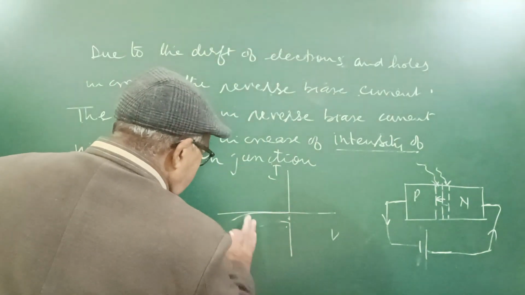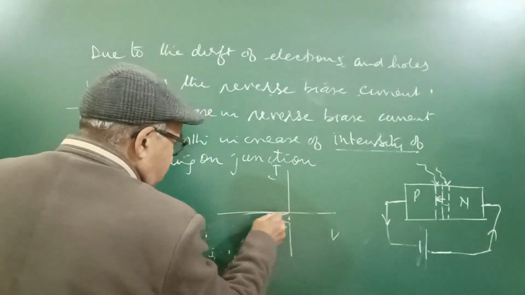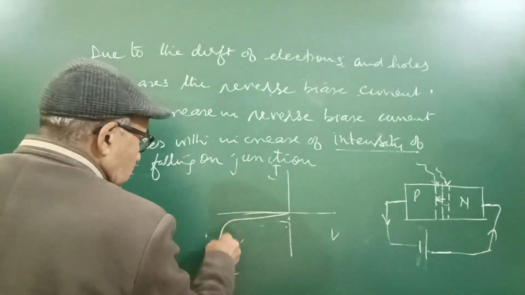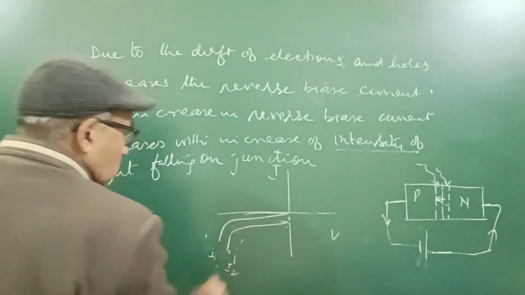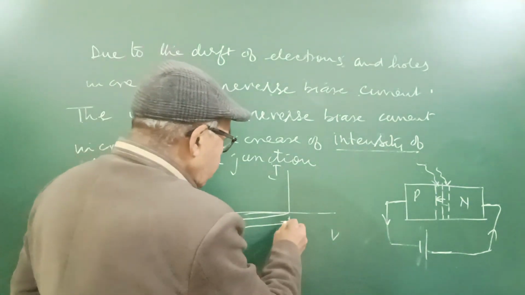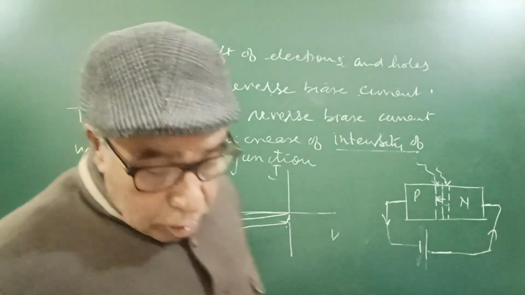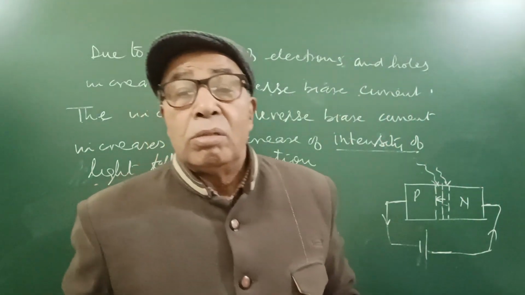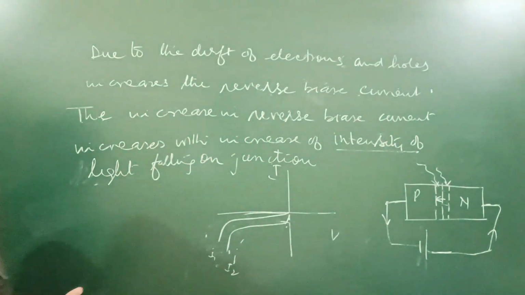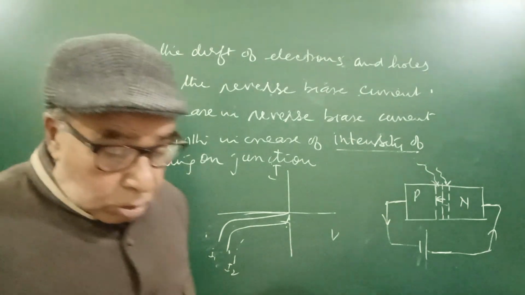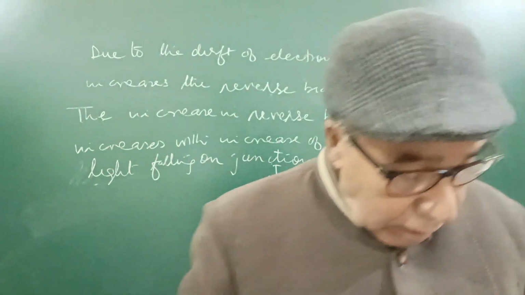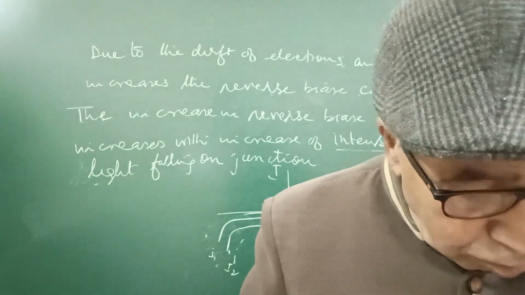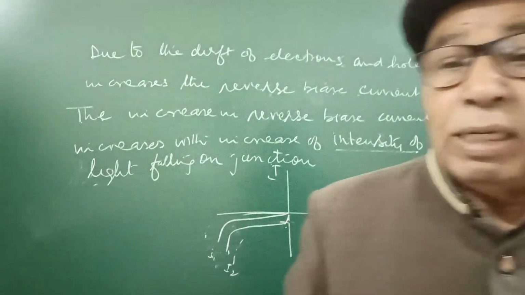So you can read the book for this purpose, and this diode is basically used as a photodetector. So a photodiode acts on the principle of photoconductivity.